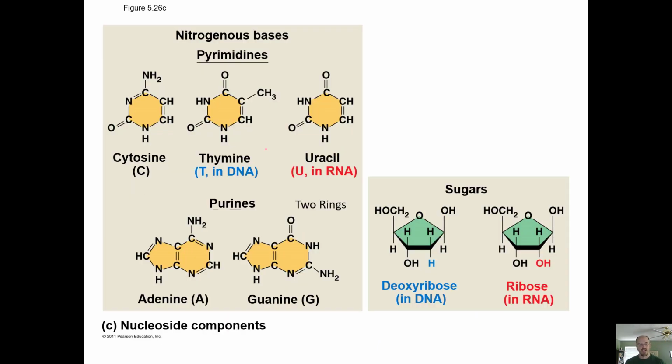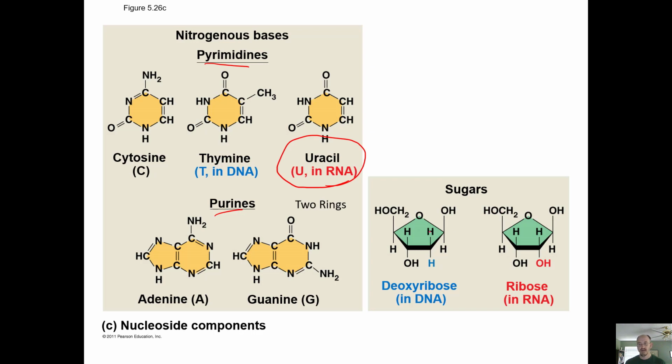So the bases vary. There are pyrimidines, which have 1 ring, purines, which have 2 rings. The purines are A and G, adenine and guanine, while the pyrimidines are C and T in DNA, but U instead of T in RNA.